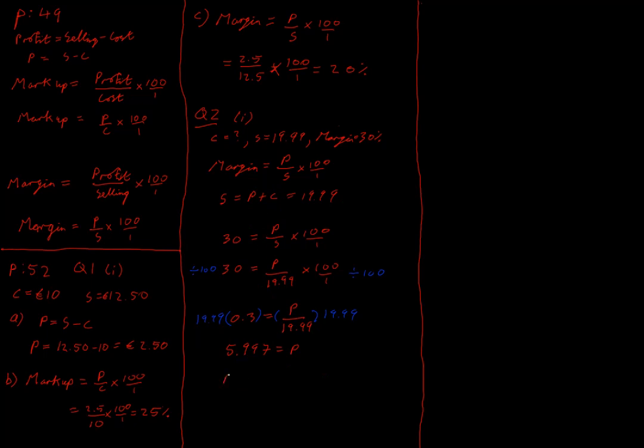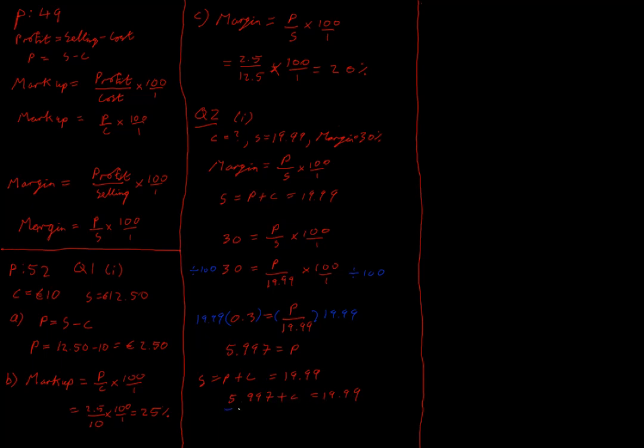So P plus C, selling price, is equal to profit plus cost. We know that that is equal to selling price, so that's $19.99, and I now know that P is 5.997. 5.997 plus C is equal to 19.99.